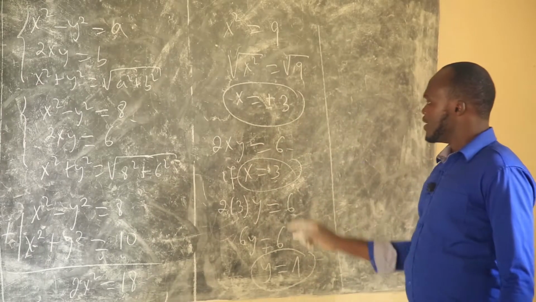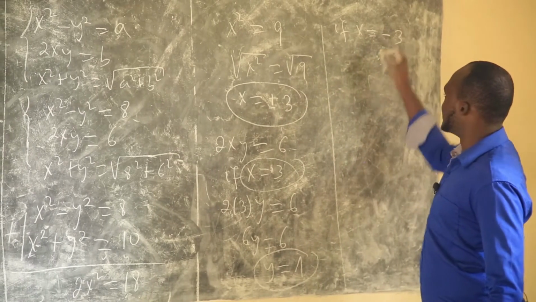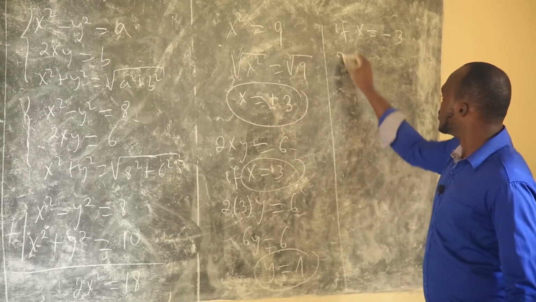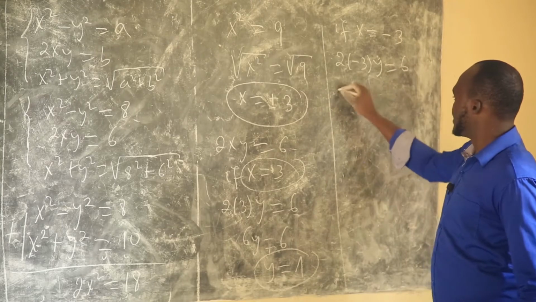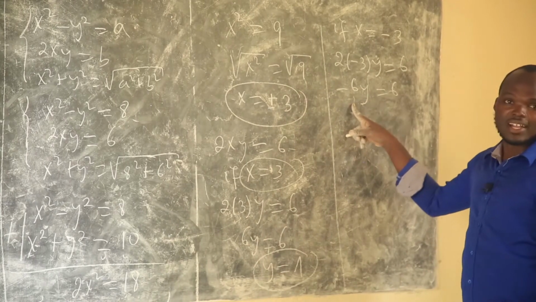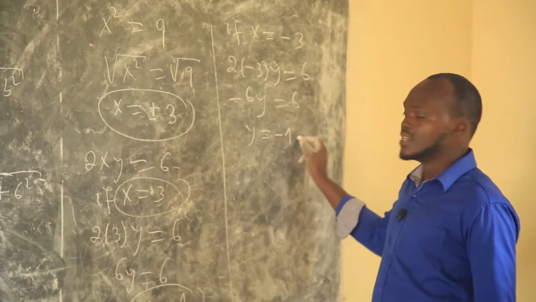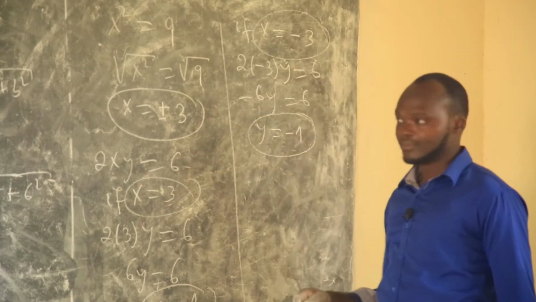So now, if x is negative 3, what's the answer? We use this equation also. 2 into bracket negative 3, y equal to 6. Negative 6y equal to 6. So when divided by negative 6 on both sides, our y will be negative 1. So when y is negative 1, our x is negative 3.